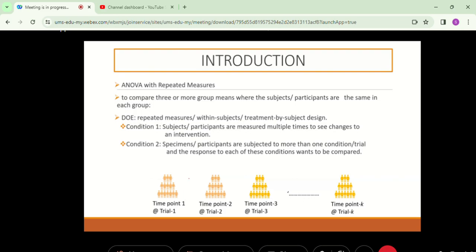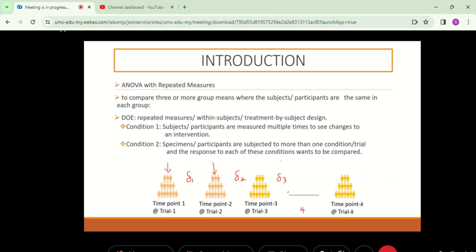Okay, so this one we have delta 1 between time point 1 and time point 2. Then here we have delta 2, so this is the second difference. Let's say we have time point 4 here, so we have delta 3.